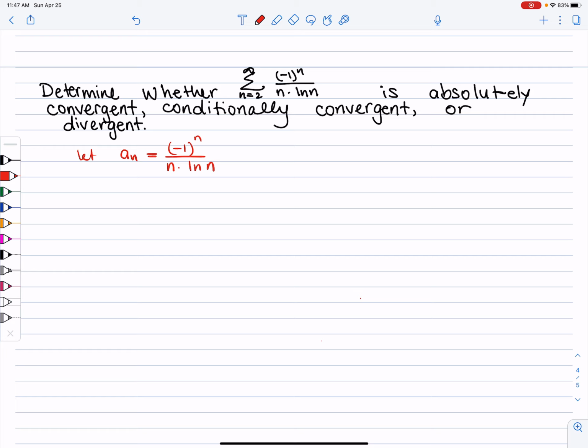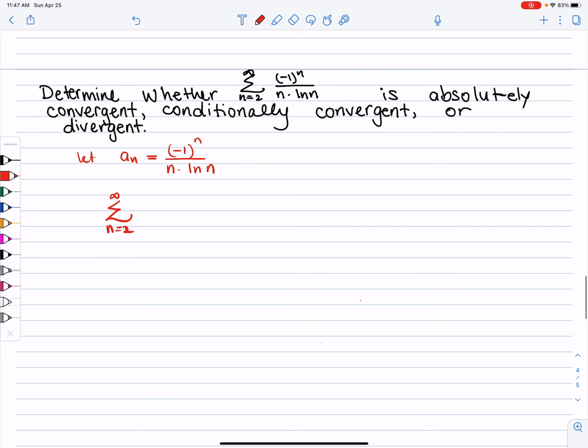We're going to first check if sigma as n goes from 2 to infinity of the absolute value of a sub n is convergent. So we're going to check if that series in absolute value is convergent.